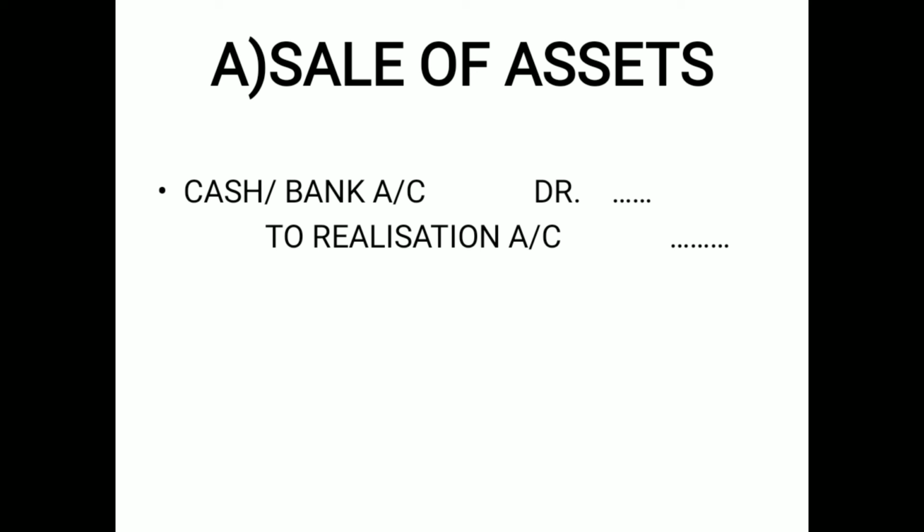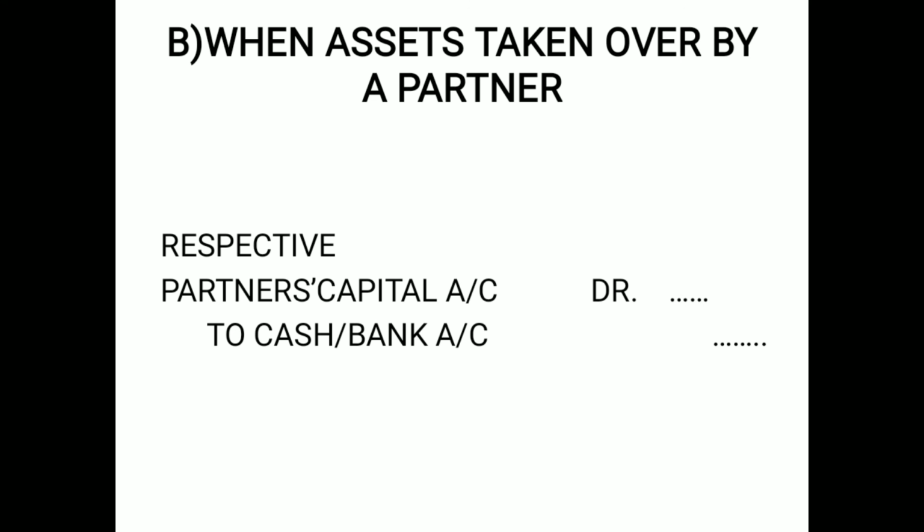The amount that you have realized from sale of assets is to be transferred to cash and bank account. So the journal entry for the sale of assets is cash and bank account debit to realization account. You will surely understand these journal entries in a better way when we solve the practical sums. Okay, let us see what is the next journal entry.